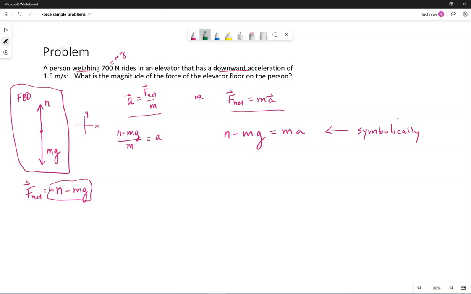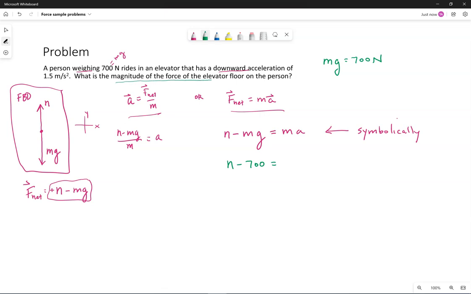In this particular problem, I'm going to revisit what we know. It told us that the weight of the person is 700 newtons. So mg, the force of gravity, is 700 newtons. I can actually put that in for mg here in my equation. Lowercase n is the normal force, which is what we're actually asked for.